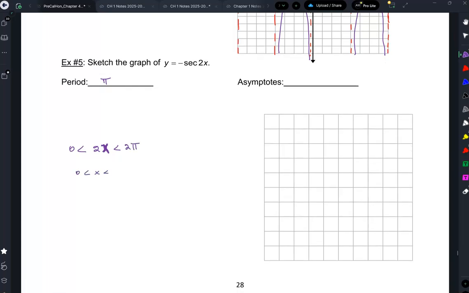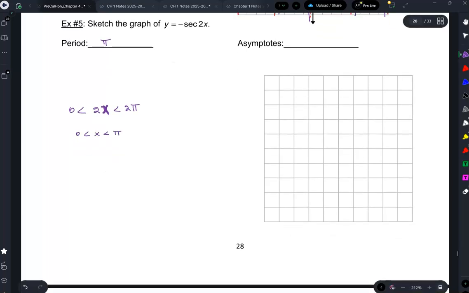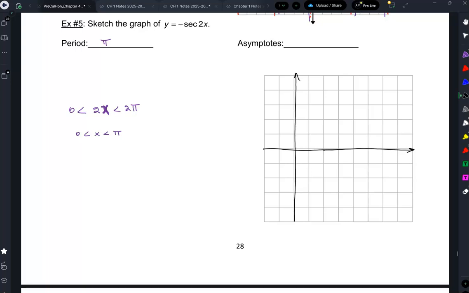So let's do this. The 0 is going to go here. So this is 0, 1, 2, 3, 4 pi. So this is pi over 2, pi over 4, 3 pi over 4.